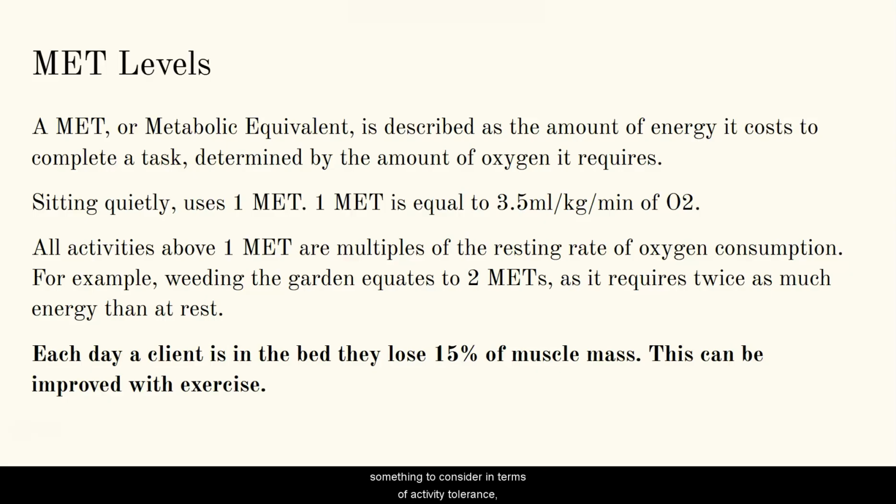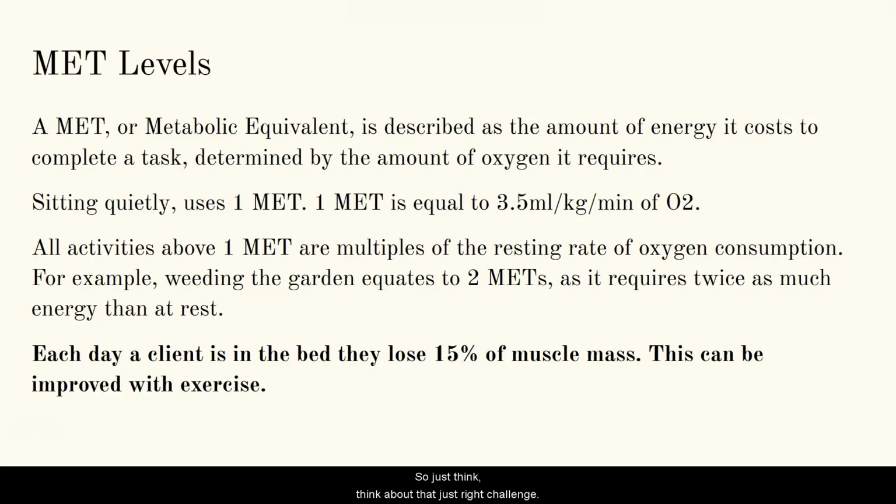And something to consider in terms of activity tolerance, endurance, and MET levels: when one is not targeting increasing MET levels or energy levels, our clients are losing muscle mass. Each day a client is in the bed, they lose 15% of muscle mass, and this can be improved with early mobilization and exercise.